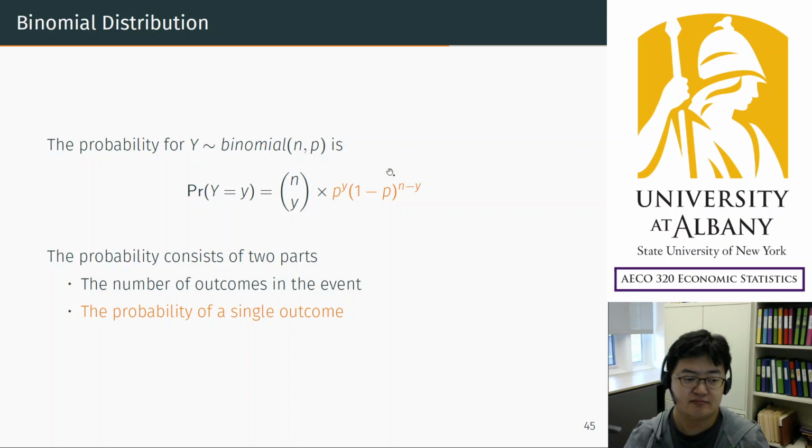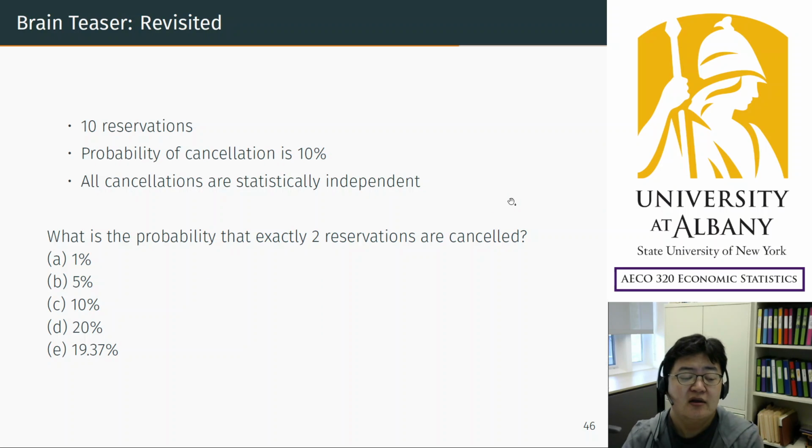This is the general formula for the binomial distribution. Of course, this combination rule, n choose y, is actually a more complicated formula, but let me just simplify it as it is. Then let's go back to the earlier question I gave you.